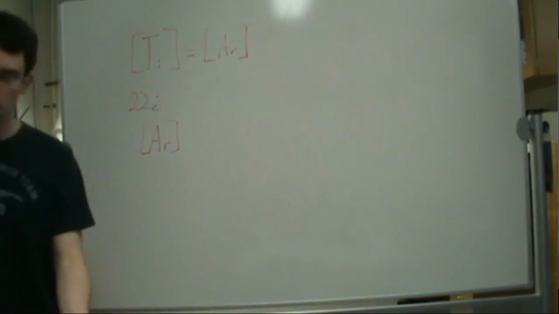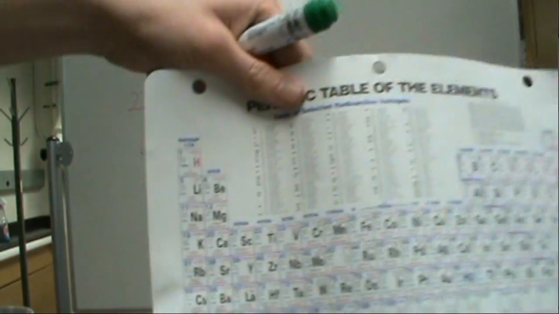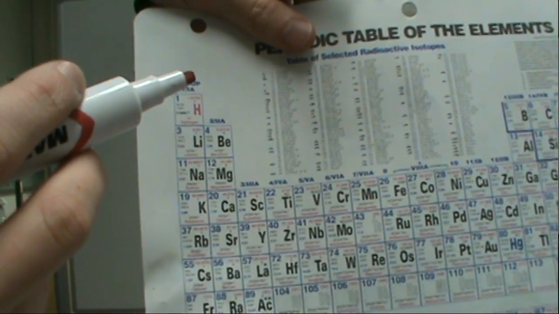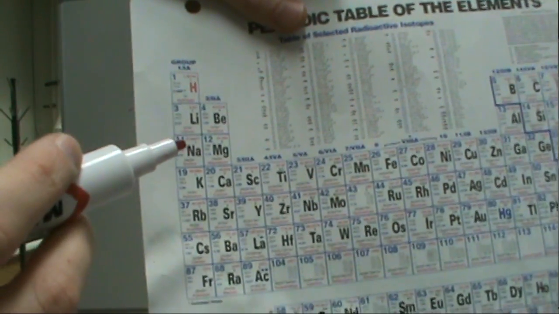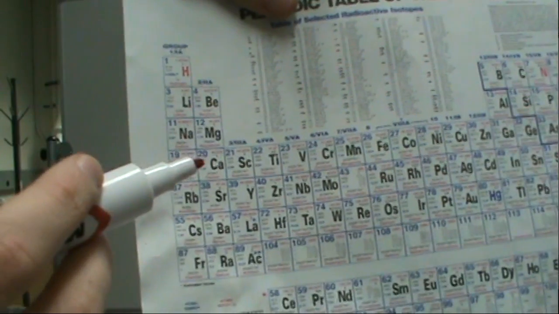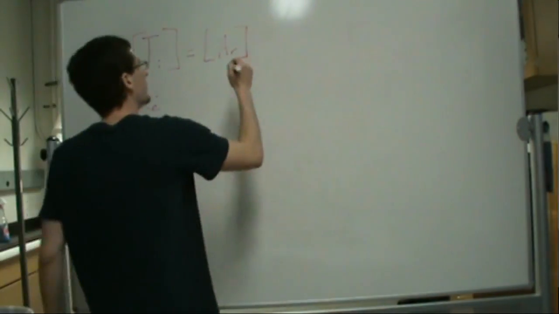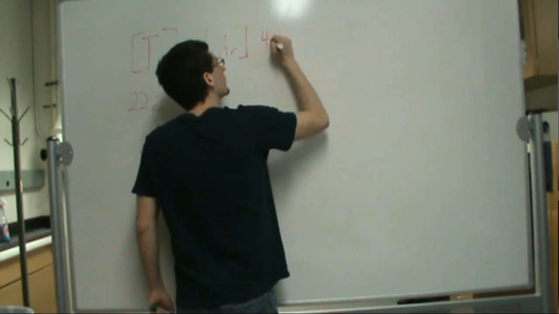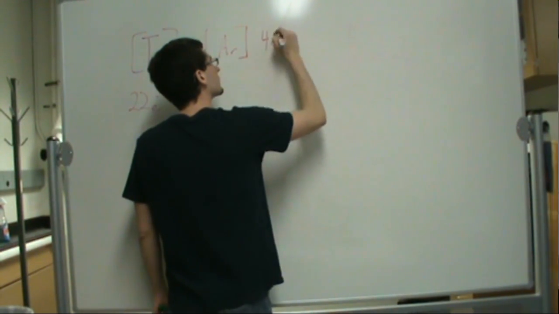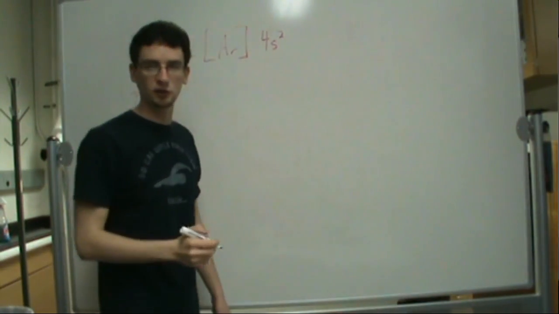And what shell number does it start with? Well, that one's kind of easy to do. All you have to do is look, okay, 1, 2, 3, 4. So we start with shell number valence 4. So 4s2. Now here's where it gets kind of tricky.